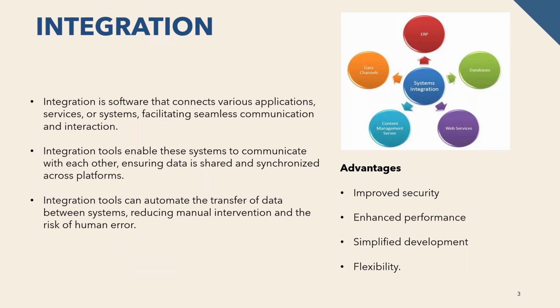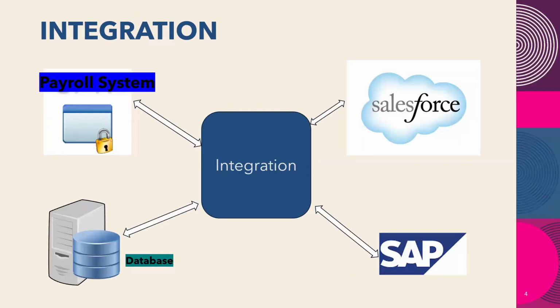Let's say you have a source system which is Salesforce. From there, you have received a request. Once you receive the request, we will perform some validation and sanitization on that request, meaning whether we have received the request from the correct user or not. Okay, we have received the request from the correct user. Now, whatever information we have received, we just have to update back to the SAP system.